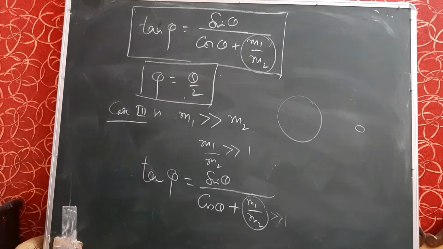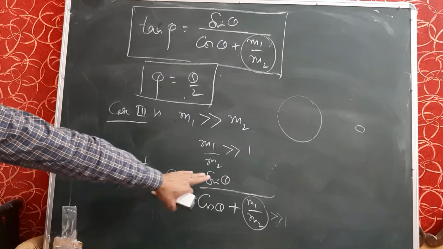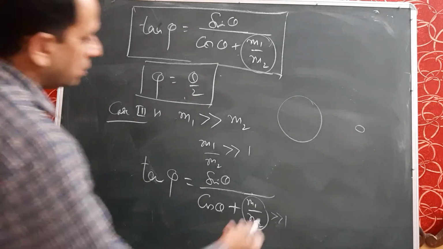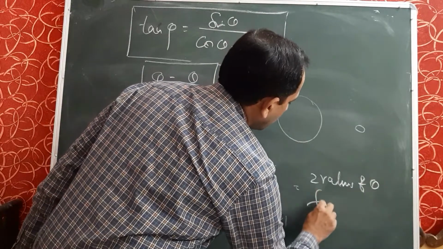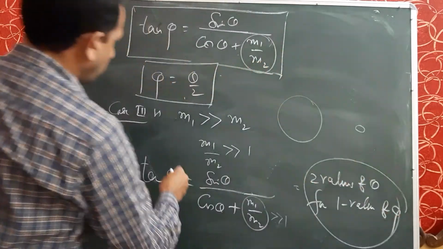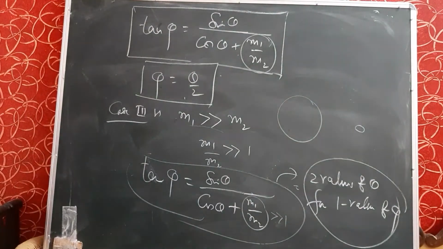We cannot find the exact value of this term, but on putting different values of theta, we can find the value of phi. In this case there are two values of theta for one value of phi. From this formula it is clear that there are two values of theta for one value of phi.